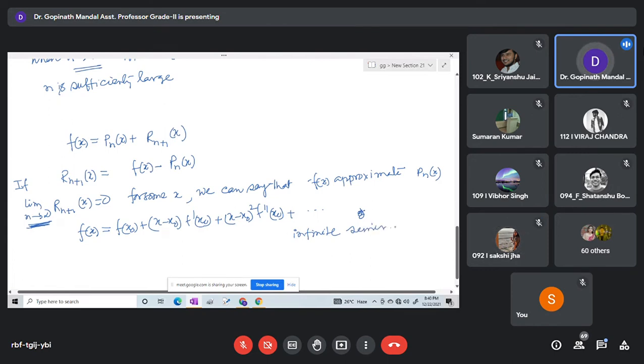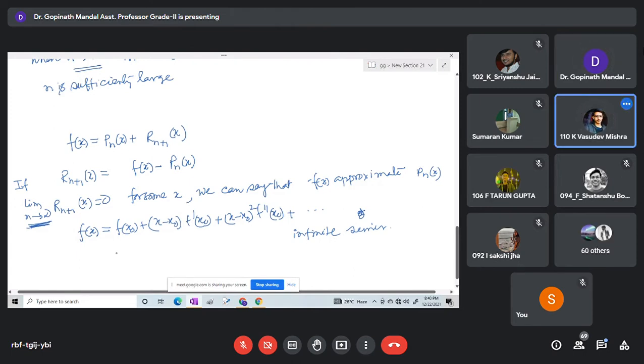This is our infinite series, with 2 factorial, and 1 factorial.